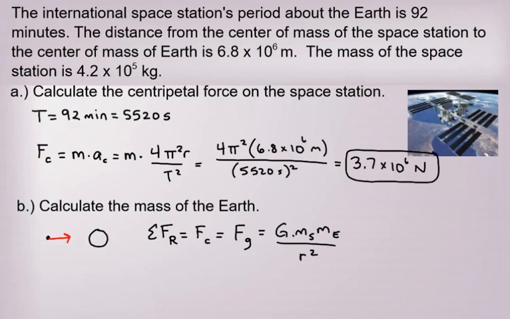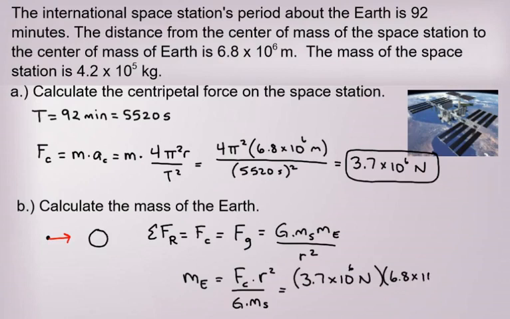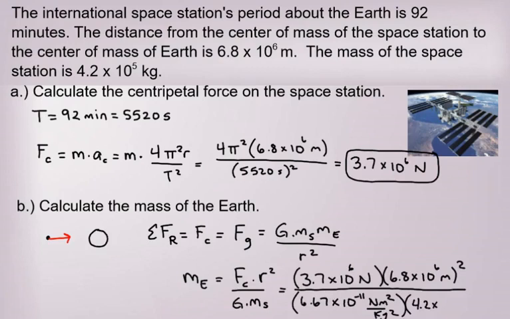I already figured out what the centripetal force was, and so what I'm going to do is rearrange the equation to get the mass of the Earth by itself. So I take that centripetal force that I found earlier times the distance squared between the space station and the center of the Earth, divided by the constant 6.67 times 10 to the negative 11th, and the mass of the satellite, which is 4.2 times 10 to the 5th.